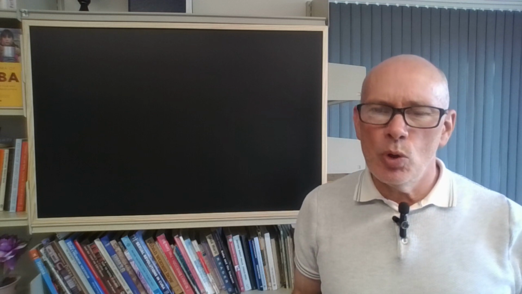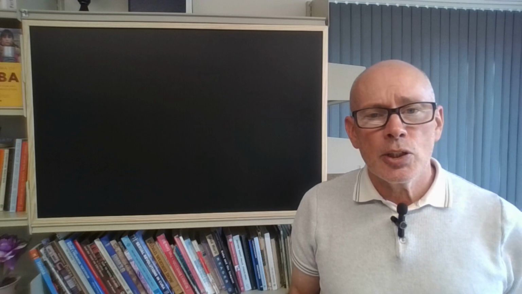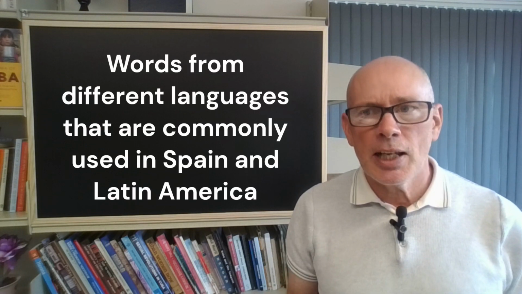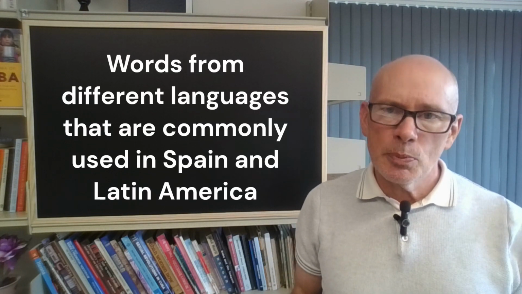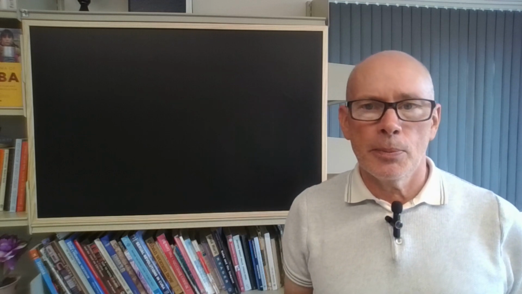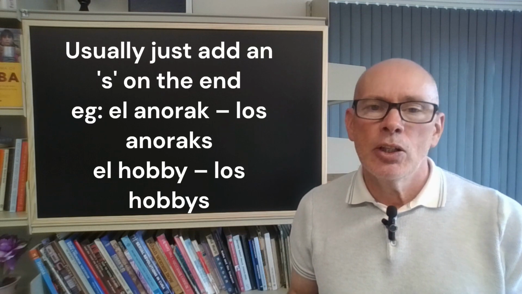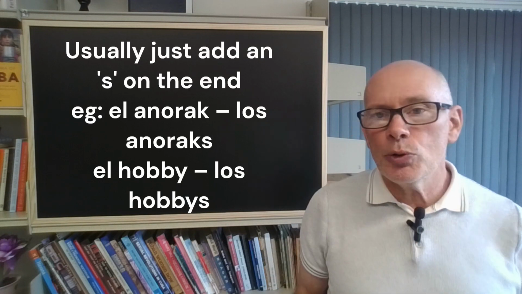Now, there are some words from different languages that are used in the Spanish language. They're commonly used in Spain and Latin America. How are these pluralized? Usually, they're just given an S on the end of the borrowed noun.